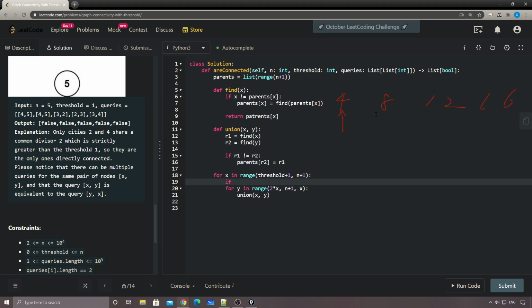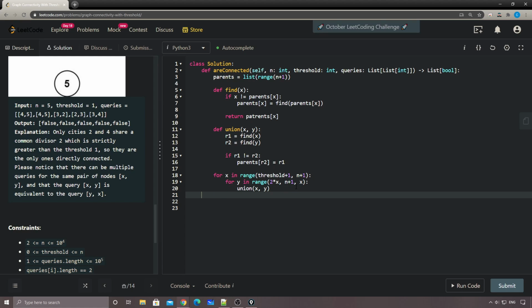Because next time, when we are at 8, let's say the first time is 4, and now we're at 8. I think we still need to do that, right? I mean, the 4, 8, and then 8 is going to be 8, 16. Okay, I think we can just do that. We can do a union find here.